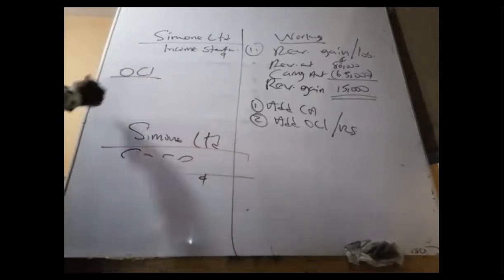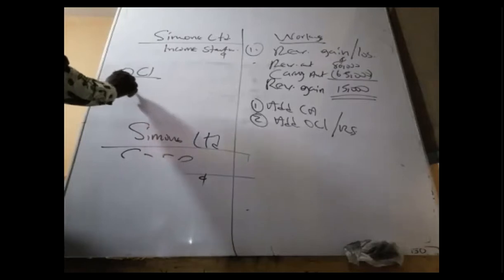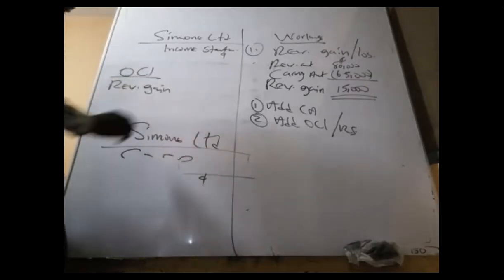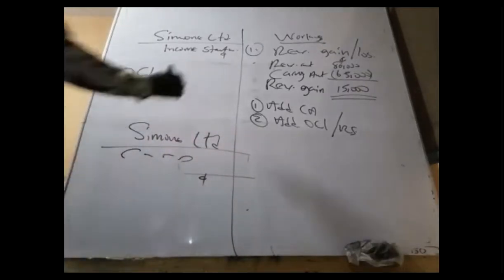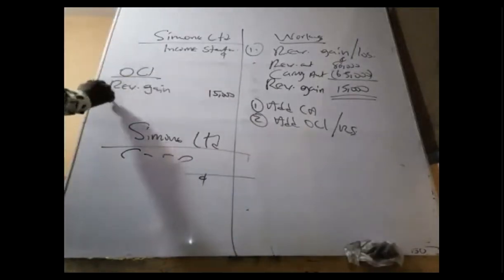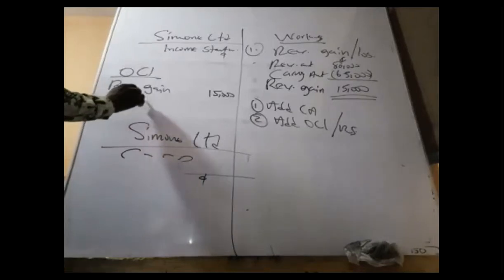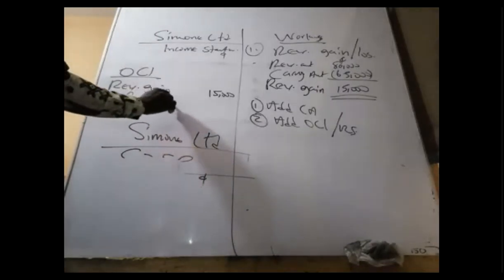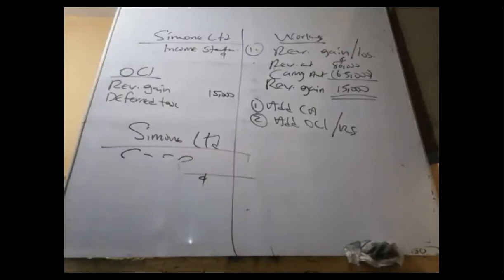I've left some space here. The revaluation gain must go to OCI because that's the first time. Again, it's 15,000, right? And after that, now deferred tax on the gain.